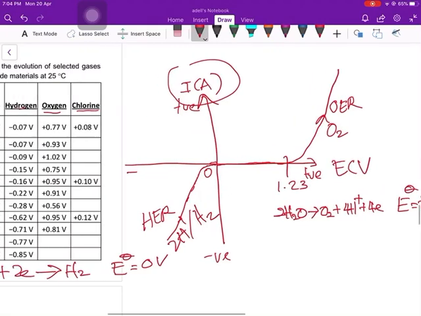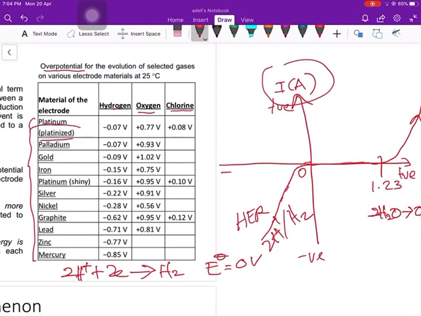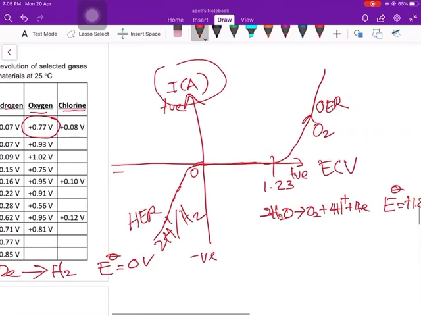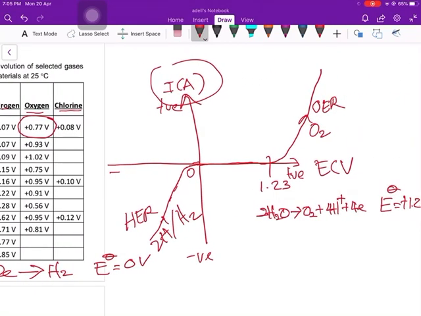But on a platinized surface, more voltage is required to make it happen. You have to add another 0.77, so it goes to 2 volt in order to see the increase of current on the platinized surface.